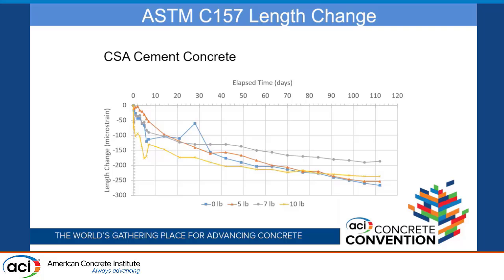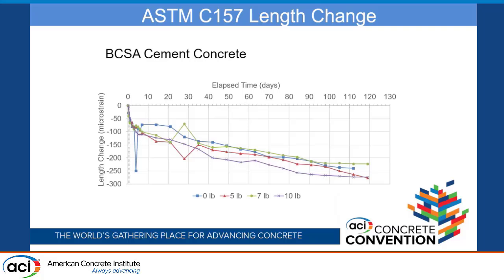But we can see as we go out to 90 to 110, 120 days that blue line ends up at the bottom, which means that we had the largest shrinkage when we included no internal curing water. And as we made those additions of 5 pounds as the orange line, 10 pounds as the yellow line, and 7 pounds as the gray line, we did see a reduction in that shrinkage over time.